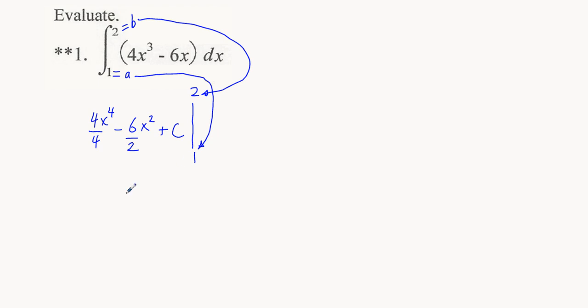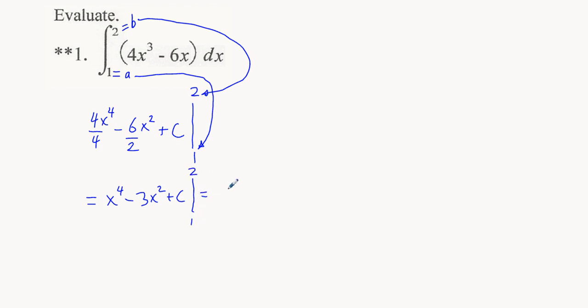Okay, now, continuing to work below, this 4 over 4 cancels to be 1, so we have x to the 4th power. We have minus 3x squared plus c, and we're going to evaluate between 1 and 2.